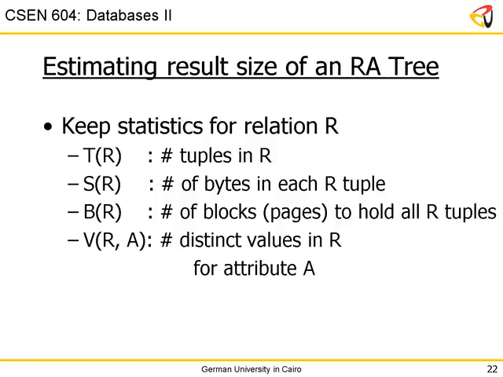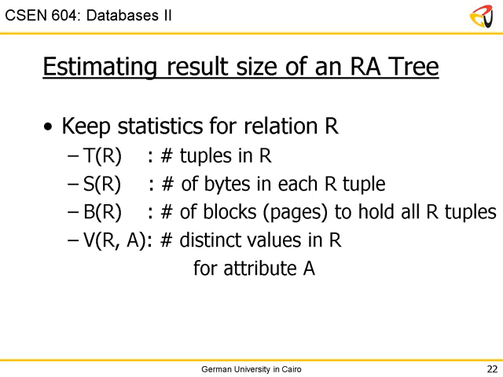Okay? Now, what a database engine does to do this is it keeps statistics about the table. These statistics are stored inside the database engine, just like the data is stored inside the database engine. The stats that get kept are the number of rows in a relation. We've already used that in the heuristics. The number of bytes in each tuple.